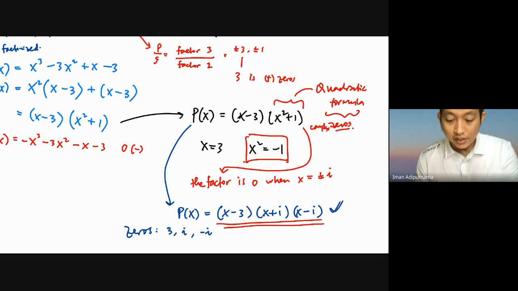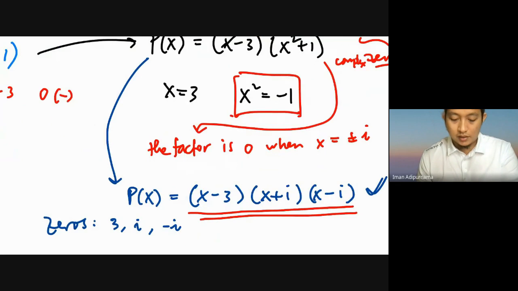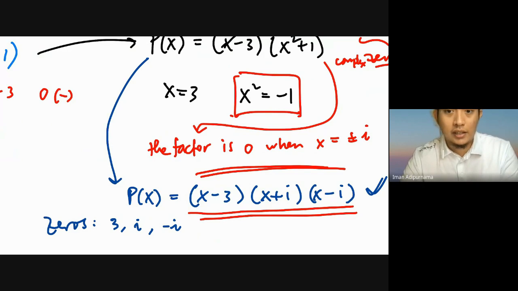And even though it has the complex, we can completely factor it out, making it this form here. We can make the complex into the factors that I called before. That is, we completely factor the polynomials.